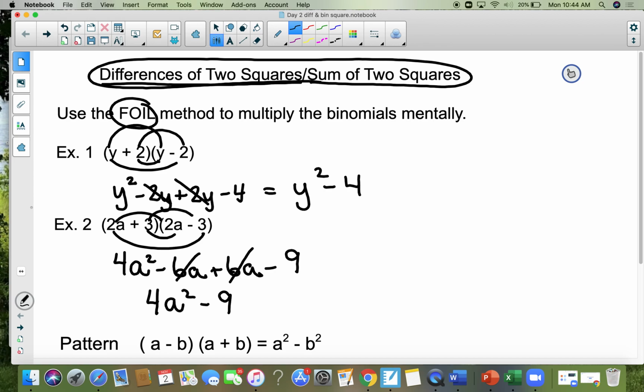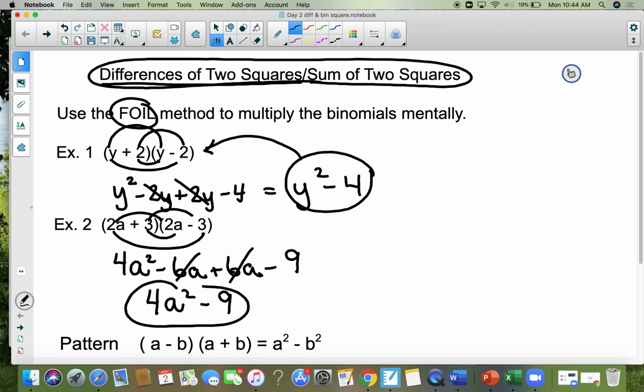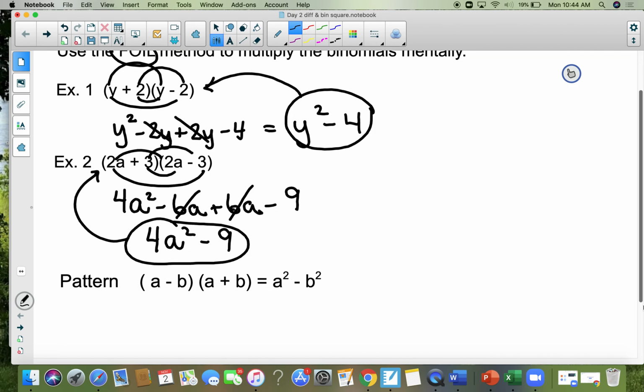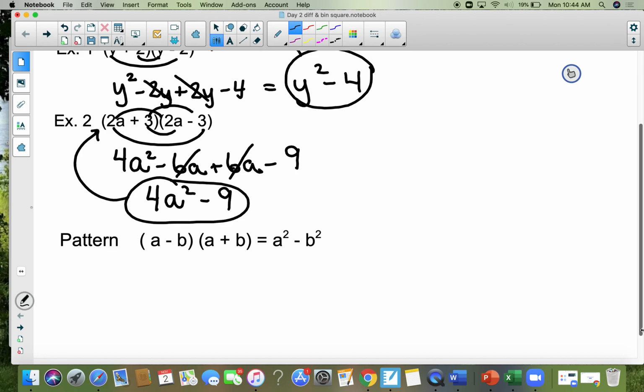So what's the difference between Algebra 1 and now Algebra 2? Again, you are going to be given this, and you have to put it back into factored form, which is parentheses. So we're going to learn it backwards. Here's the way we learn it backwards.